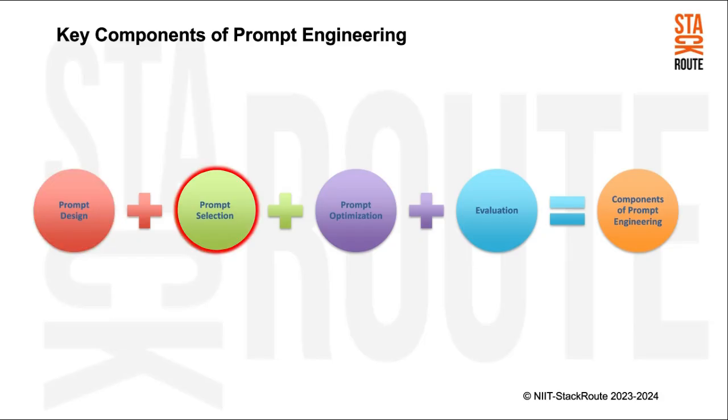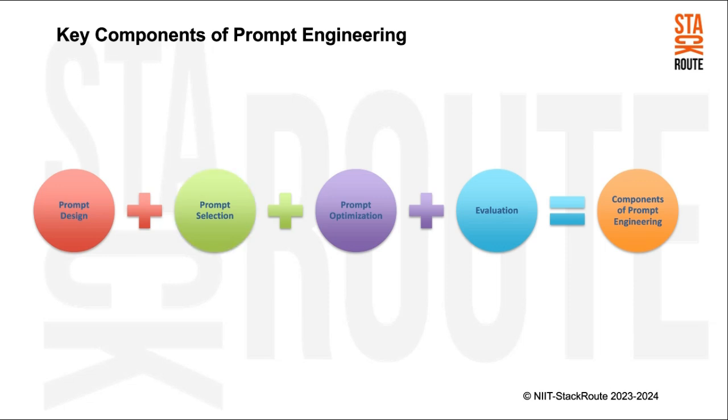Next is prompt selection, which means choosing the right prompt and input formats that are most likely to bring the desired response from the model. It can involve experimenting with different prompts and input formats to see which one generates the most accurate and relevant output.